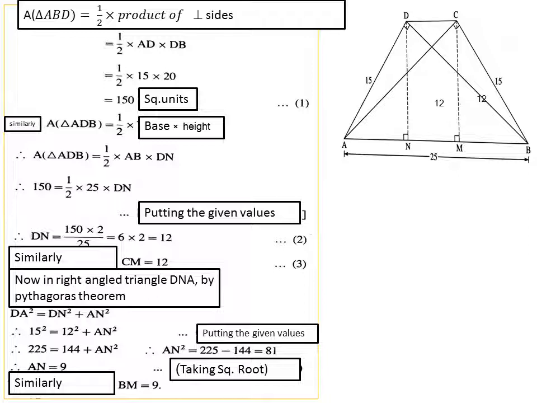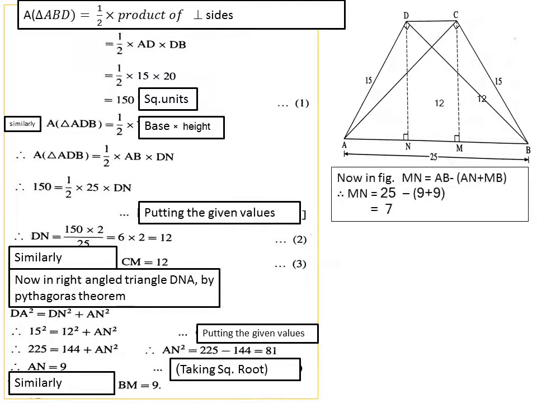After putting values, we get 15 square equal to 12 square plus AN square. 225 equal to 144 plus AN square. After solving this, we get AN equal to 9. Similarly, you can get BM is also equal to 9, which is a part of right angle triangle CMB also.